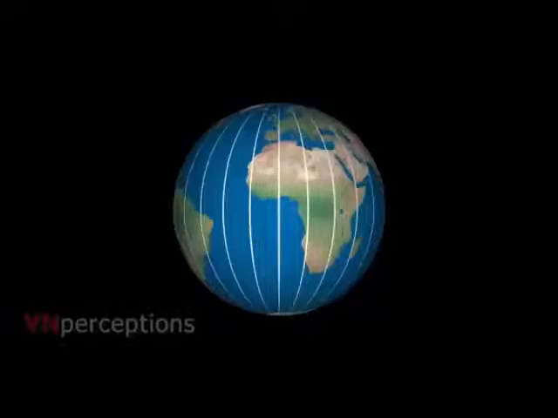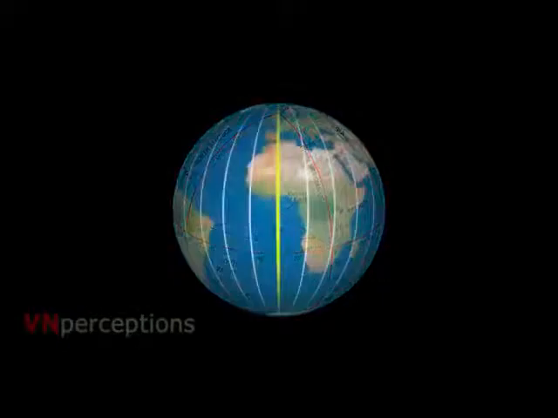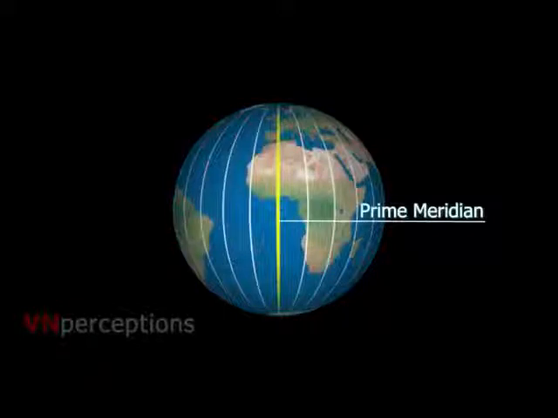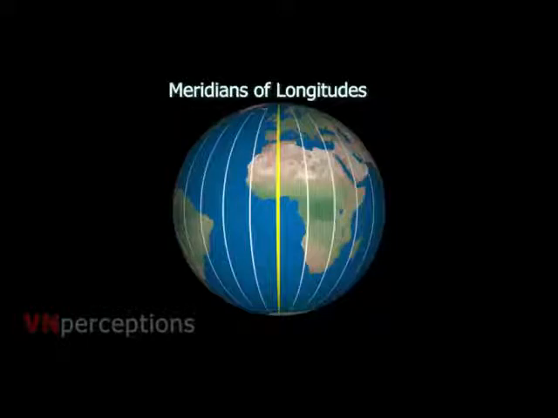Now, what is a longitude? Longitude is the angular distance of a place east or west of the prime meridian. Now, what is the prime meridian? The prime meridian is again a longitude that passes through Greenwich near London. All other lines running from the North Pole to the South Pole are called meridians of longitude.